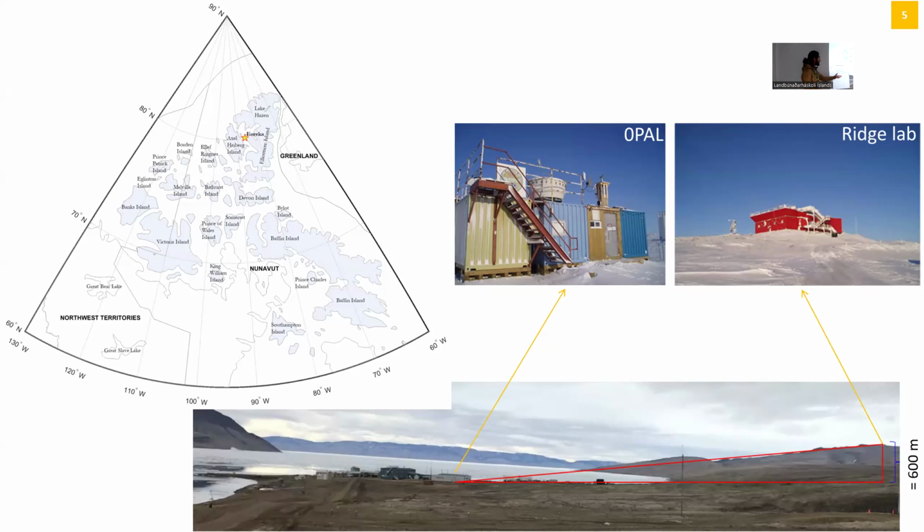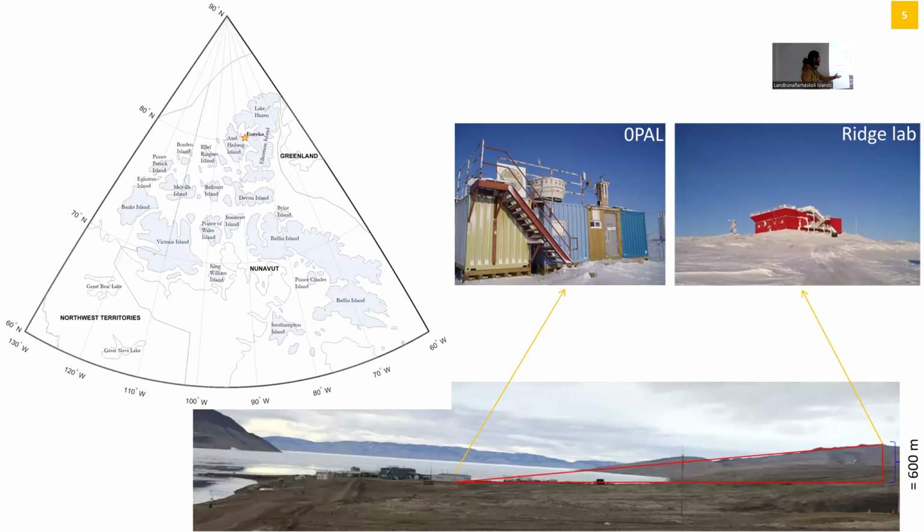The figure on the top left shows the backscatter profiles along with the volumetric depolarization ratio, which is a big picture from the surface to 15 kilometers. But we are going to focus on the low altitude dust events.